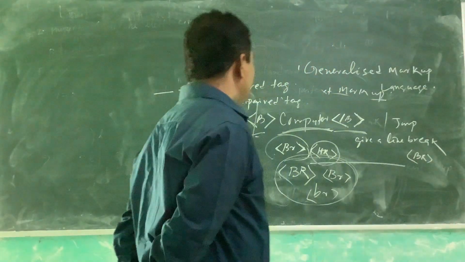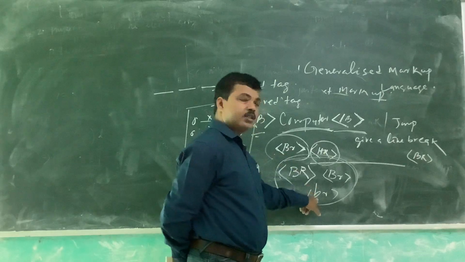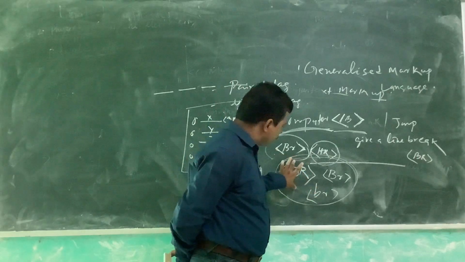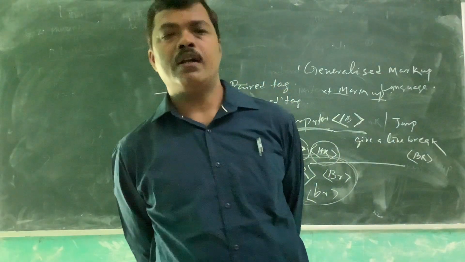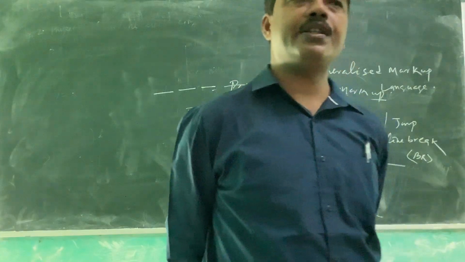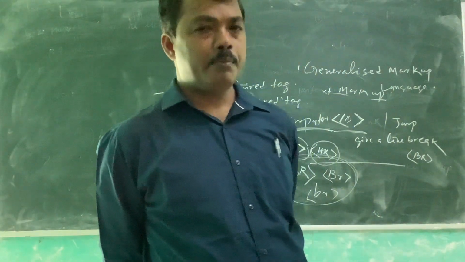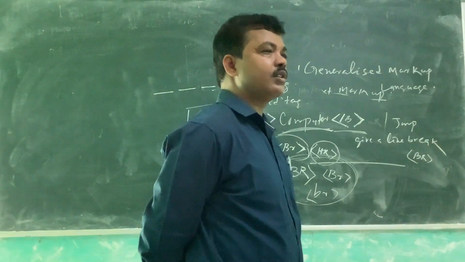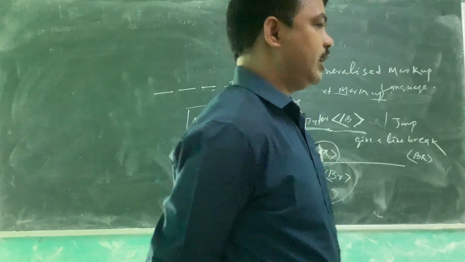There is no difference between capital B and small b. So you can type BR in capital letters, in small letters, or in mixed case letters, that means a combination of uppercase and lowercase letters.